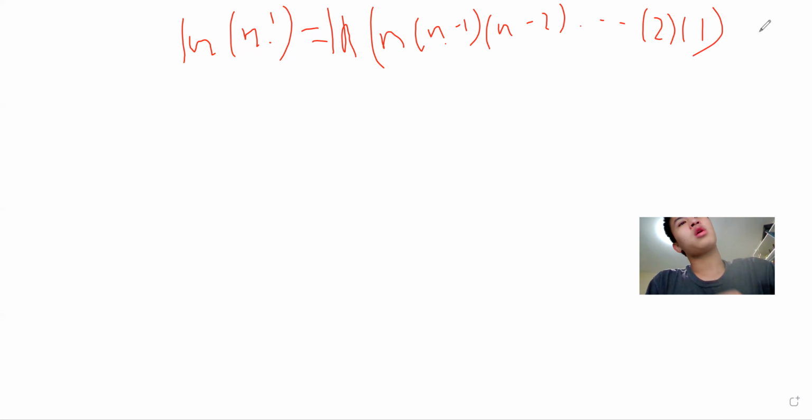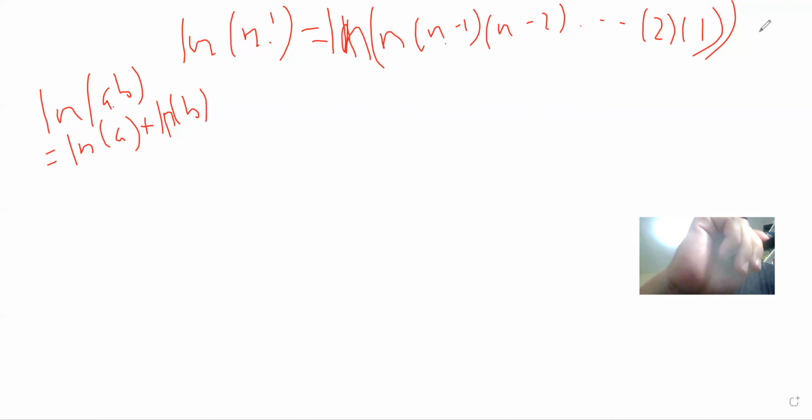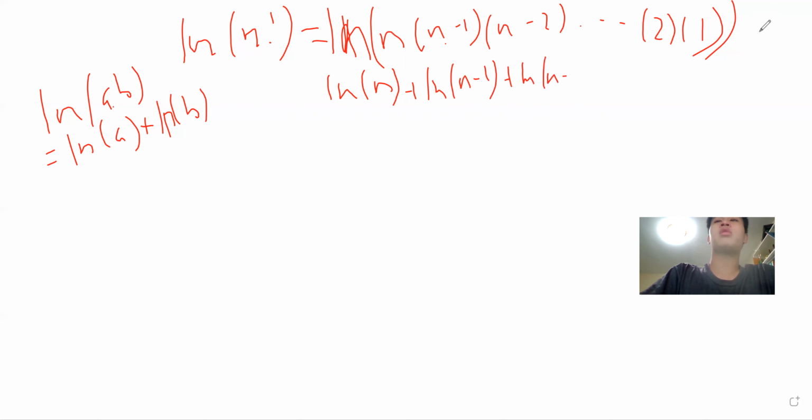Using the log rule, log of ab is equal to log of a plus log of b, we can rewrite this as the natural log of n plus the natural log of n minus 1 plus the natural log of n minus 2, all the way down to the natural log of 2 plus the natural log of 1.